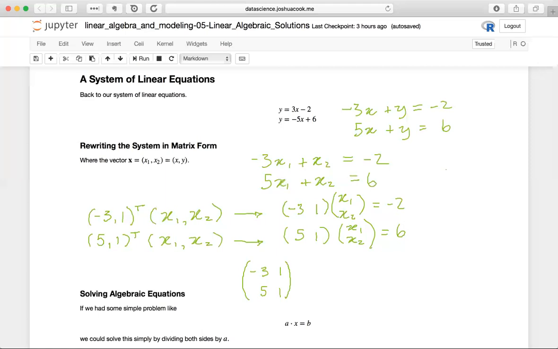If you look at the Gilbert Strang textbook that I've sent you, you might see them with brackets, and it's equivalent. And then this is going to be multiplied times the vector x1, x2. And this works because this vector is being multiplied to each row. So this is being multiplied to this, and this is being multiplied to this. And then this is going to be equal to the vector negative 2, 6.